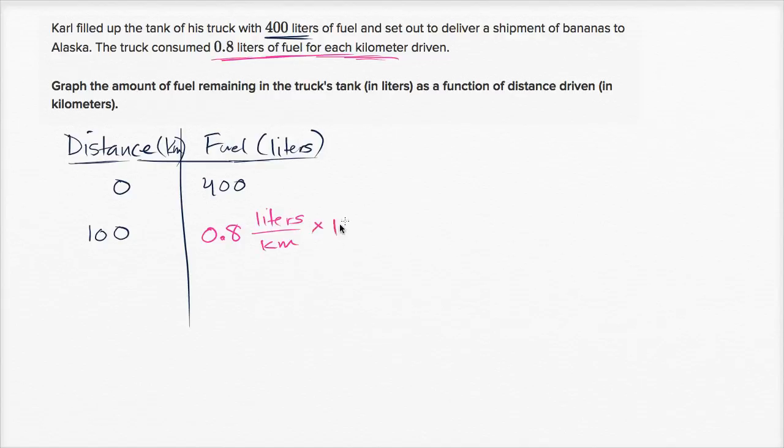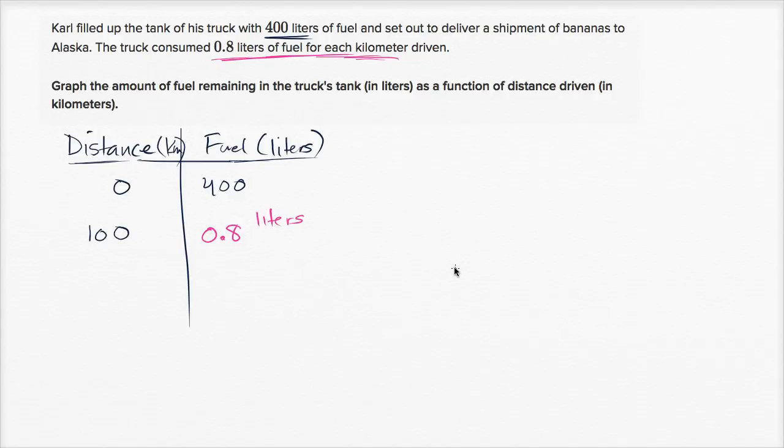So times 100 kilometers. The units work out. Kilometers divided by kilometers, we're just going to be left with liters, and then we multiply the numbers. 0.8 of 100 is equal to 80, and the units are liters. So at a distance of 100 kilometers, he's going to have consumed 80 liters.